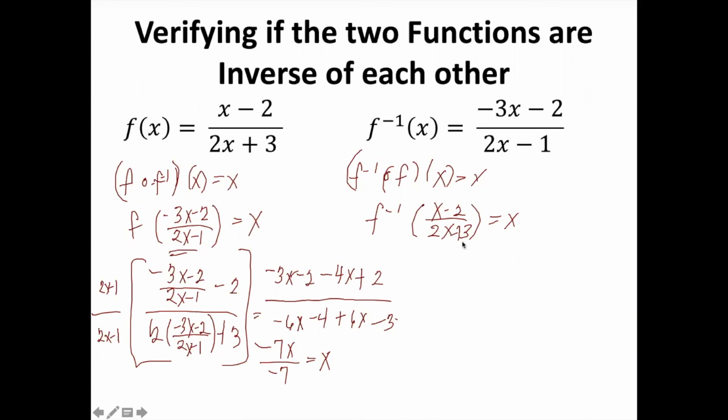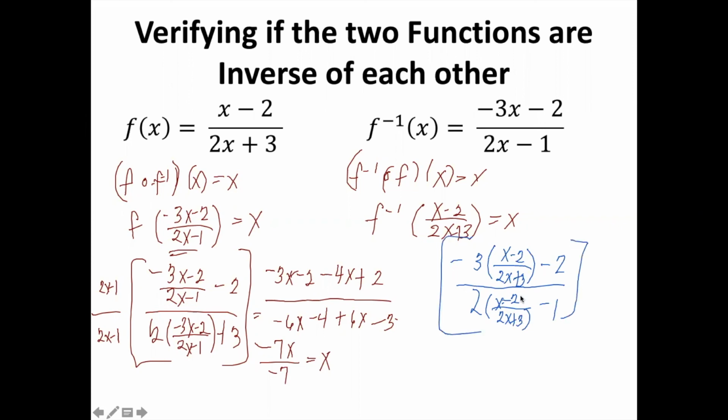Okay, this time we substitute the function to its inverse. So that is negative 3 times x minus 2 over 2x plus 3, minus 2, all over 2 times x minus 2 over 2x plus 3, minus 1.